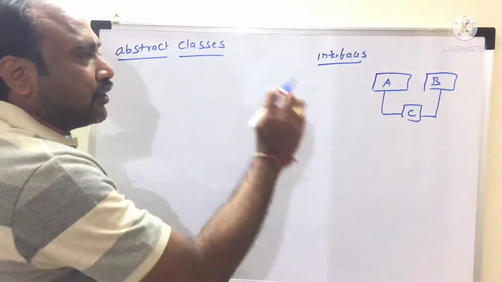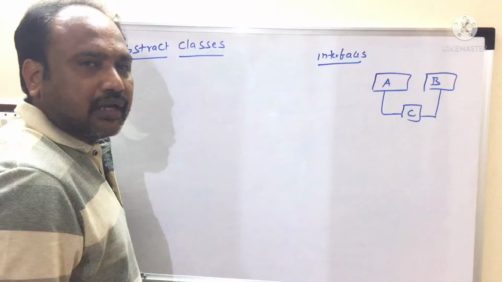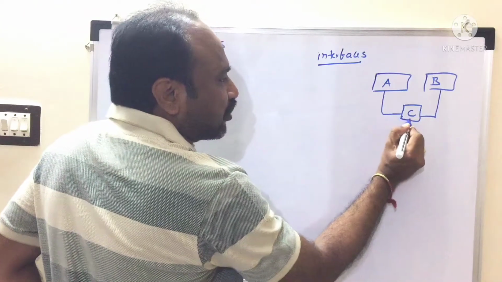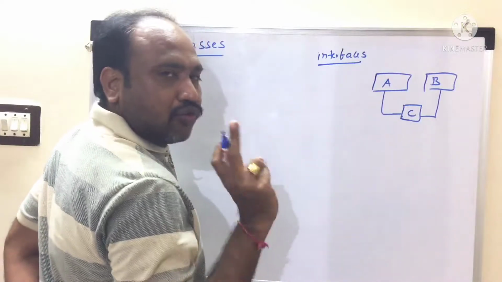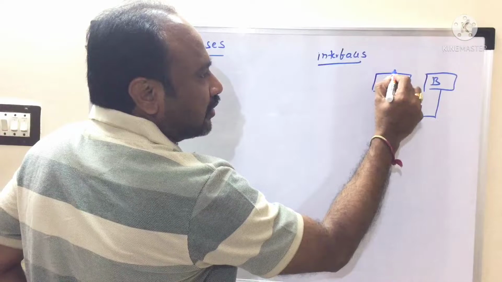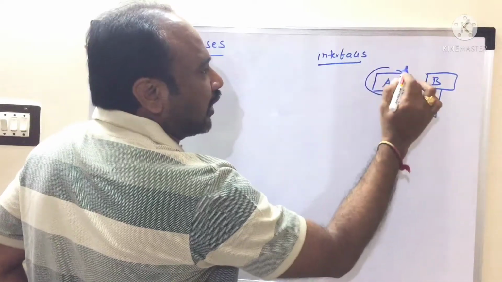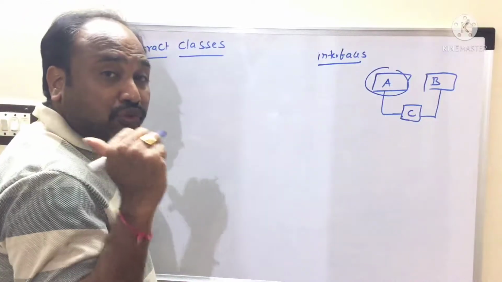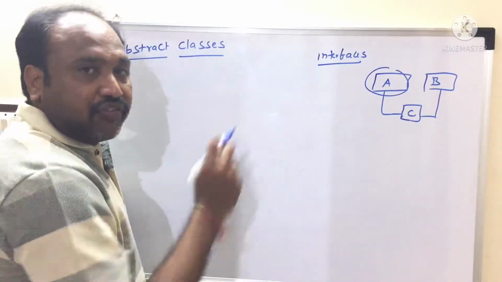Then we have to use interfaces, because there is a rule in Java: every Java subclass should have only one superclass. But here we have two superclasses. Instead of this class, I will use either A as an interface or B as an interface. For better understanding, please go through my interface video.